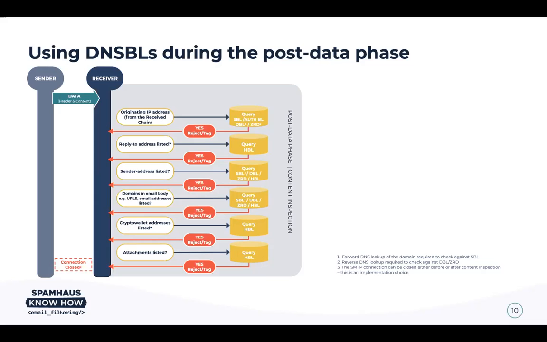If you decide to close the connection before you have made a decision about what to do about the message, at this point, you should accept the message and deliver it. You can deliver it, of course, to a quarantine space. You can deliver it to a spam folder. That is up to you, but you should deliver it.